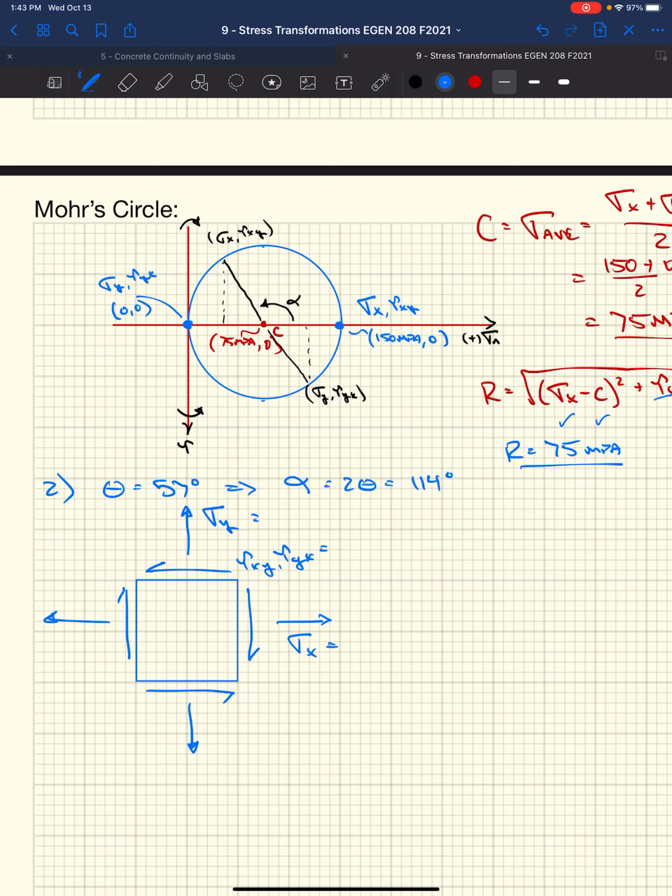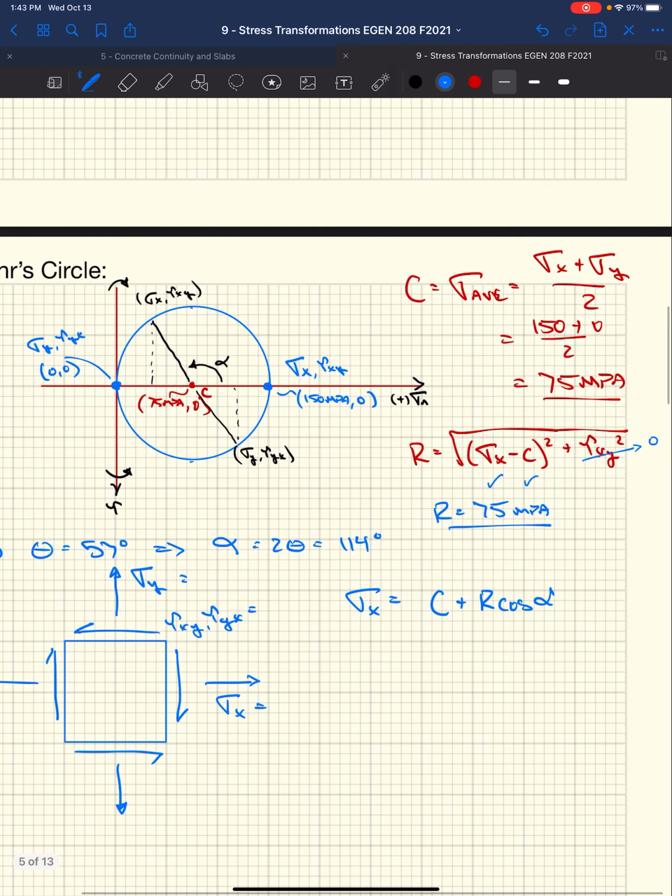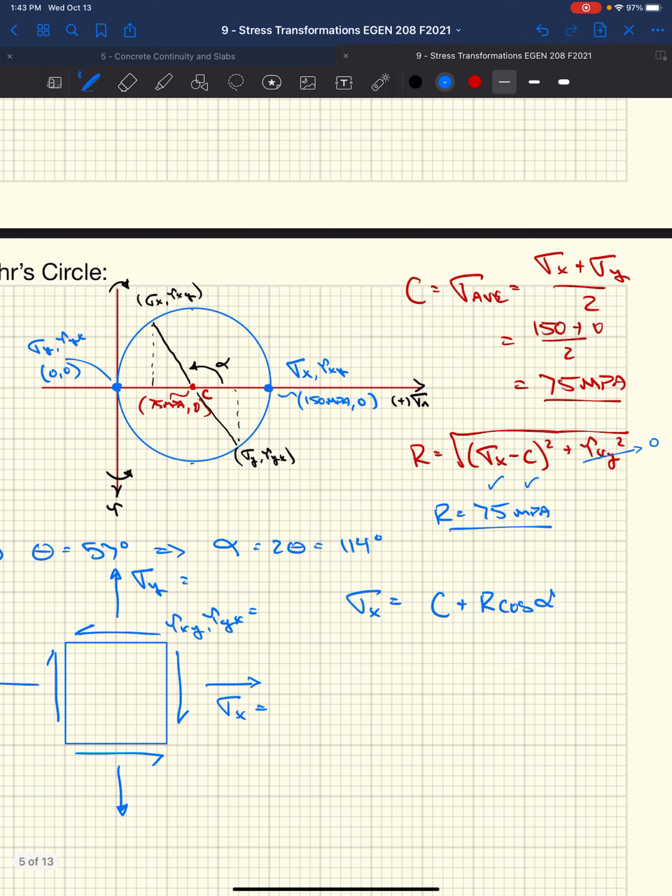So if we look at sigma x, our sigma x is going to equal the center plus the radius times the cosine of alpha. Other way around. Subtract it. So if we visualize this power of Mohr's circles, you're visualizing the stress state.